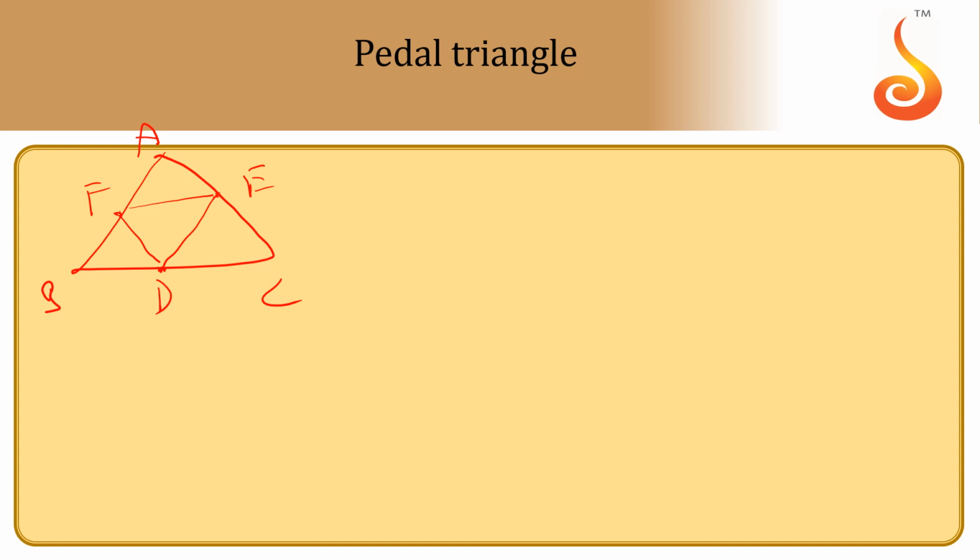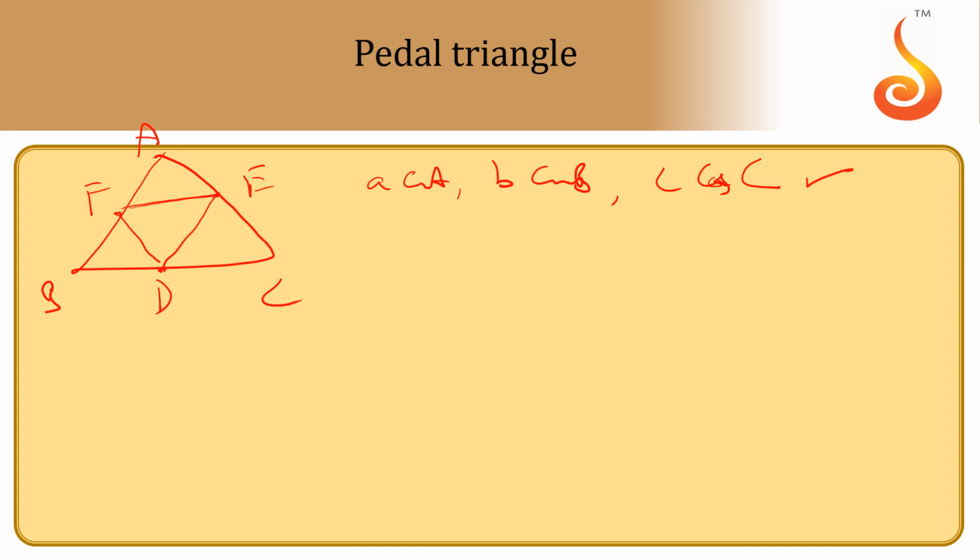Now, what are the sides? The sides of the pedal triangle will be a cos A, b cos B, c cos C. Remember, they are the sides. The side opposite to capital A will be a cos A, b cos B, c cos C. There is a rhythm, please observe carefully.